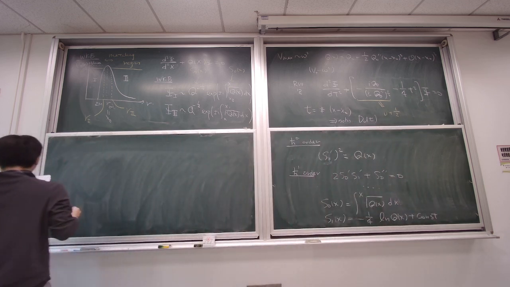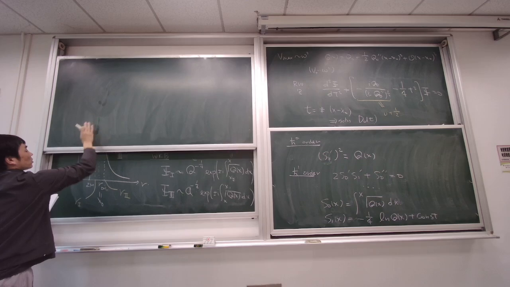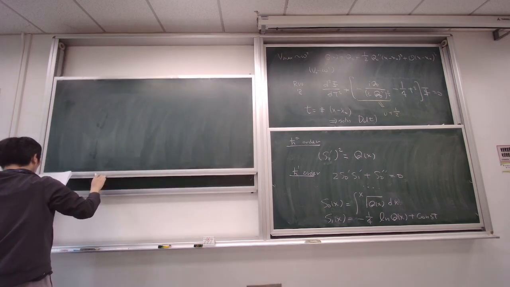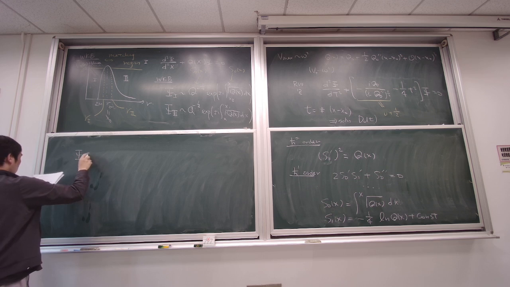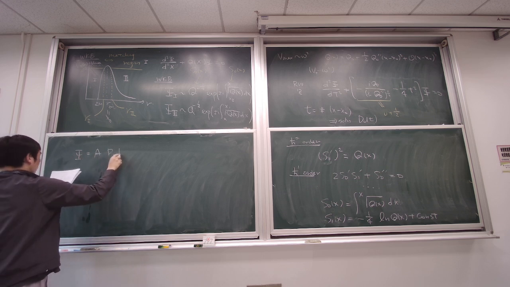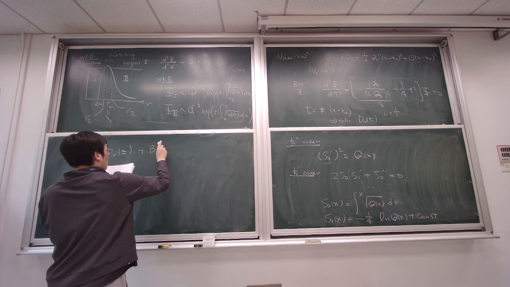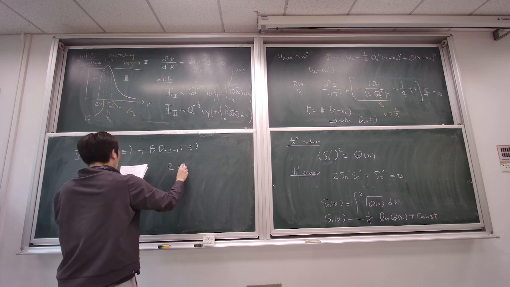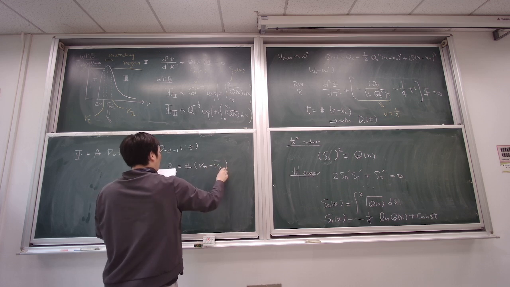So in region 2, the matching region, the wave function behaves as follows: psi is equal to some function a D nu of z plus b D minus nu minus 1 of i z, where z is this number minus r star bar.